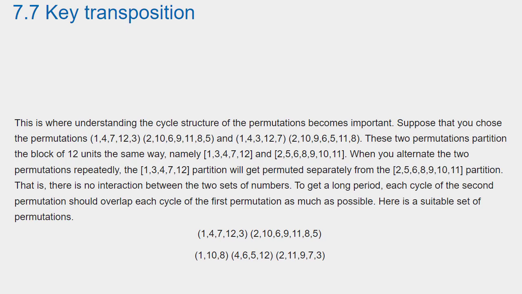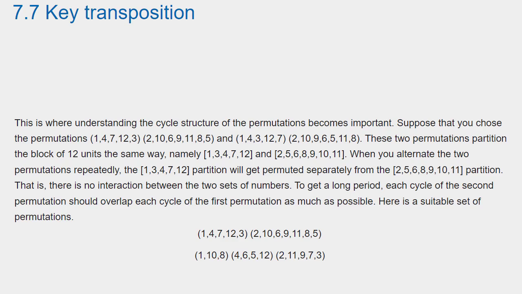Suppose that you chose the permutations brackets 1, 4, 7, 12, 3, brackets 2, 10, 6, 9, 11, 8, 5, and brackets 1, 4, 3, 12, 7, brackets 2, 10, 9, 6, 5, 11, 8. These two permutations partition the block of 12 units the same way, namely square brackets 1, 3, 4, 7, 12 and square brackets 2, 5, 6, 8, 9, 10, 11.